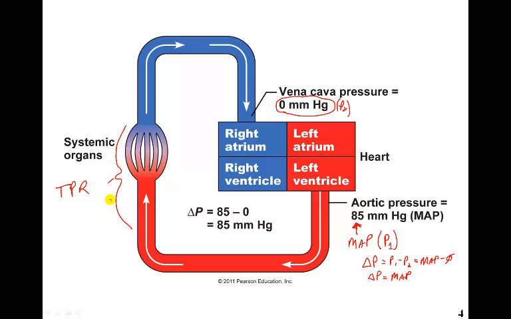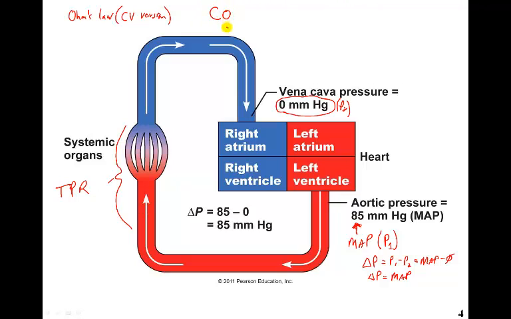Okay, and so then we can just do what I'm going to call Ohm's law for the cardiovascular system, the cardiovascular version. We're going to use this equation to tell us how much blood is going to flow through the system. And that volume of blood is called cardiac output.